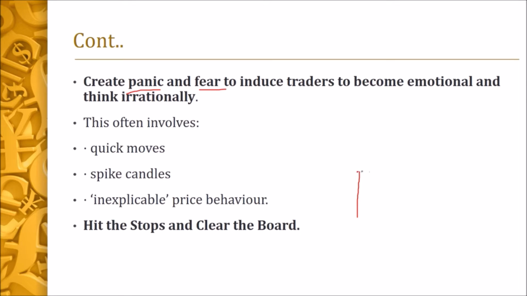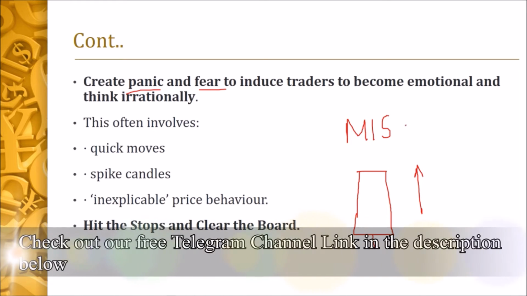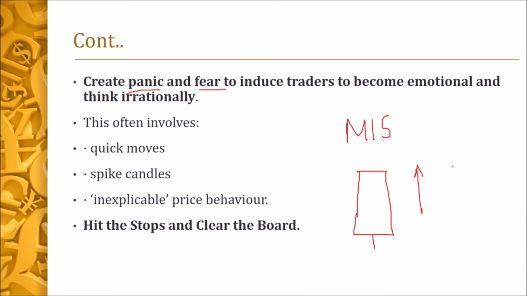Have you ever come across a candlestick that moves very fast in a certain direction? For example, this is a green candlestick that is being built up. Let's take for instance that this is an M15 candlestick. You see this candlestick pushing up very fast in the first 3 minutes of its formation, but then later in the last 2 minutes, this candle will be like this, a red candle with a wick.